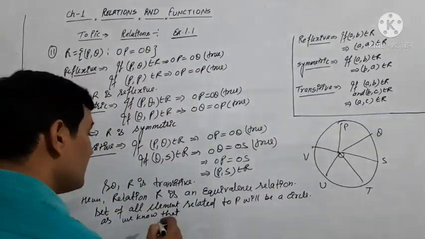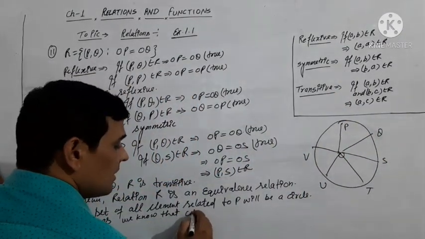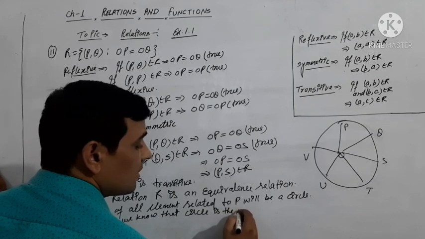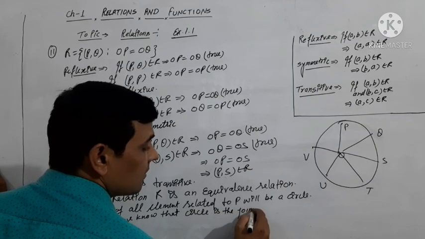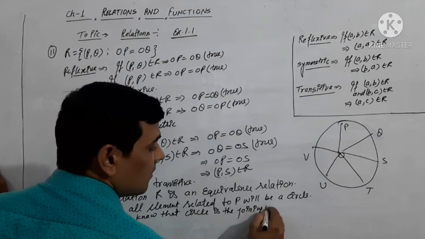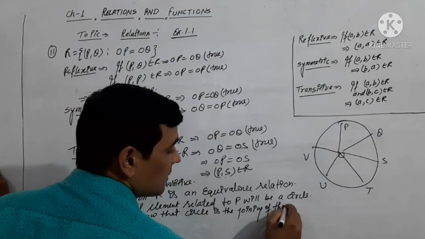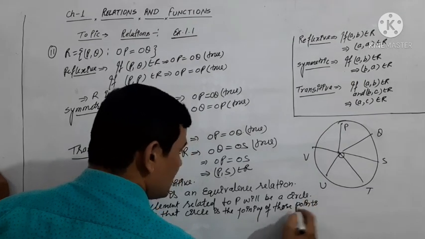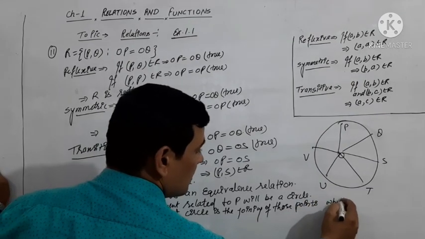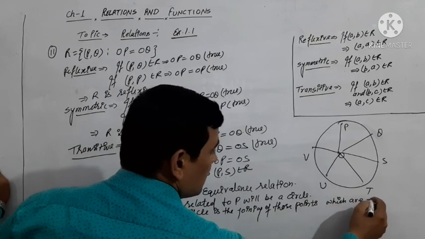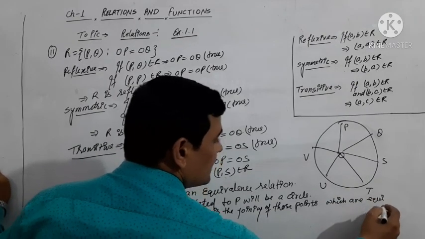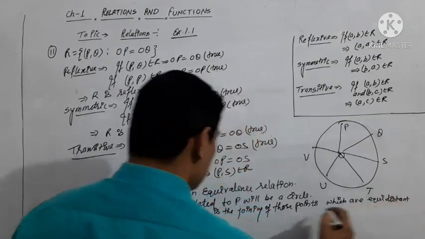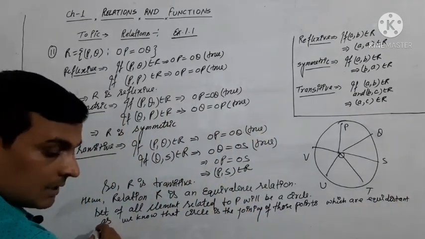Because as we know, a circle is the joining of those points which are equidistant from a fixed point.